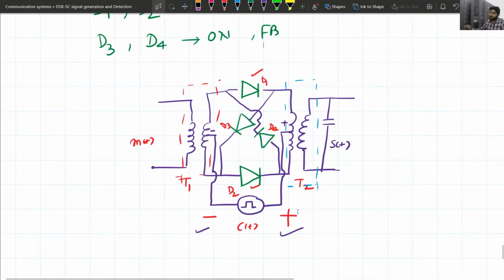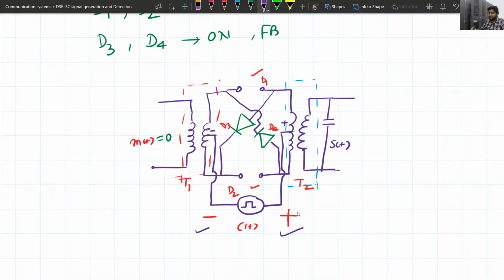So we can redraw this, and once again we are taking the mode when m(t) is equal to 0. In that case, D1 and D2 are open circuited, and D3 and D4 will be short circuited, acting in the on mode.